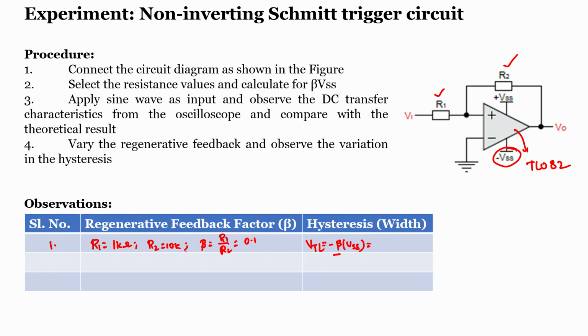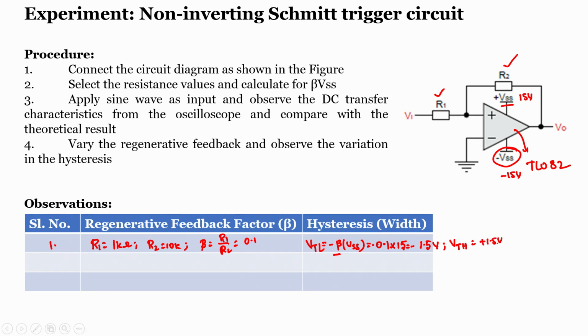Since beta depends on R1 and R2, and from the calculation it is 0.1, and we will be operating with plus 15 volts and minus 15 volts, VSS will be 15, and since it is minus VSS, it is minus. So, minus 1.5 volts is the lower threshold value. Similarly, the higher threshold value VTH I am representing as plus 1.5 volts.